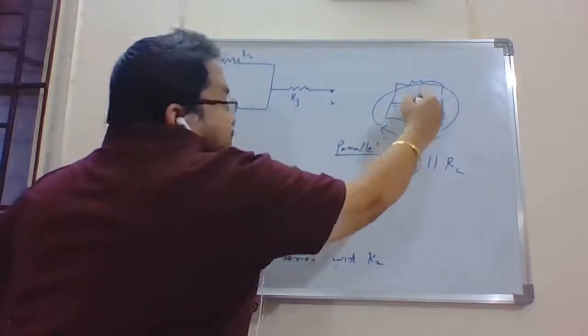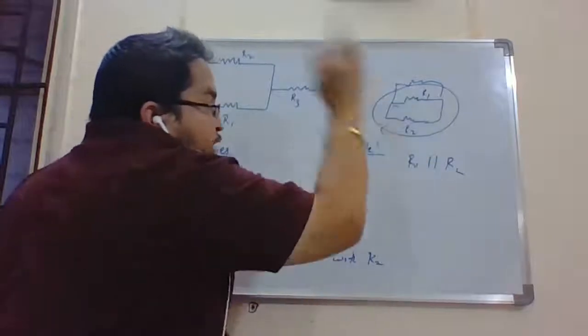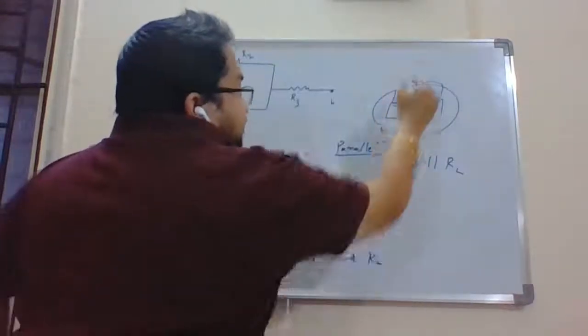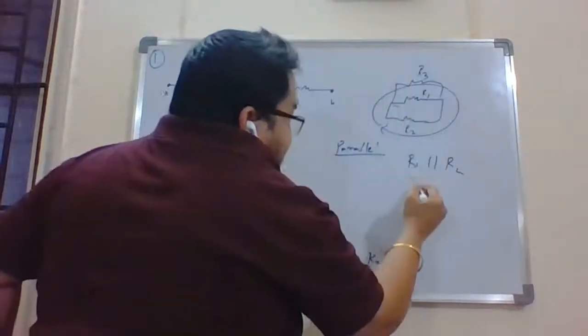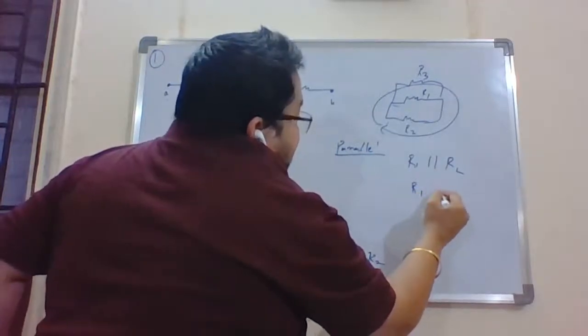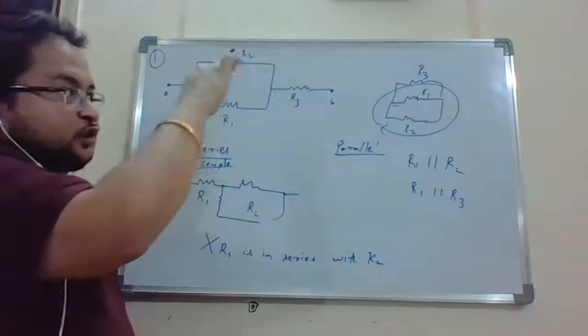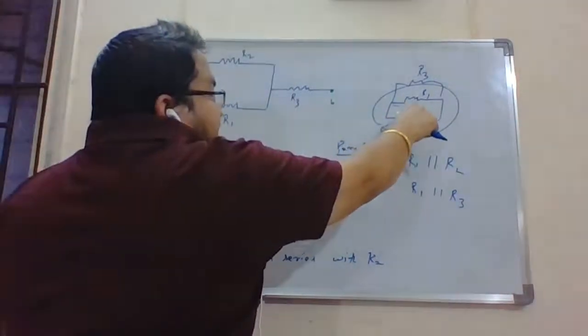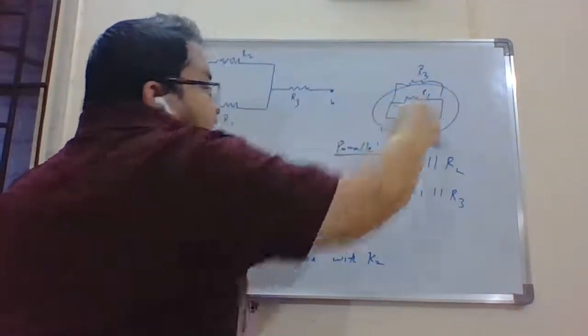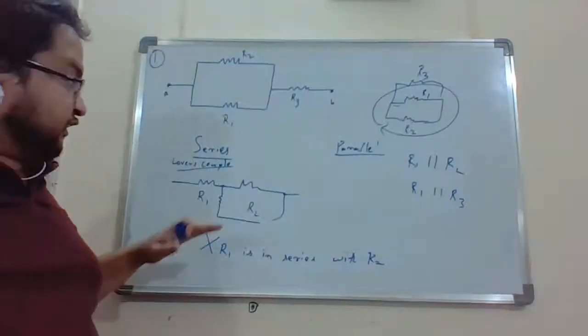So their world is complete with just R1 and R2. So they are a happily married couple. Similarly, if this is R3, then R1 is also parallel to R3, because just by taking these and only these two, I can complete the loop.